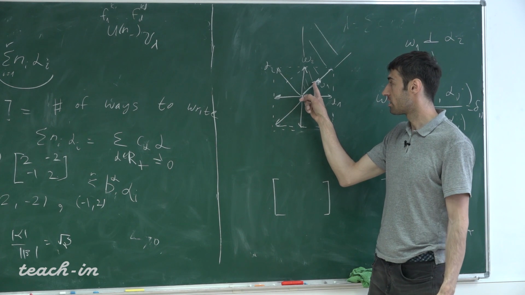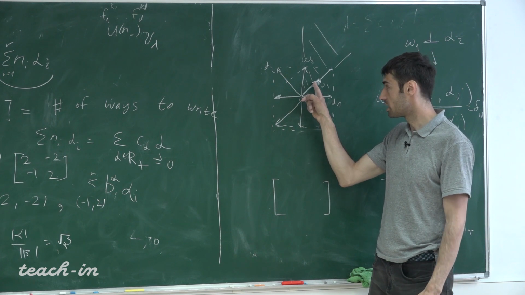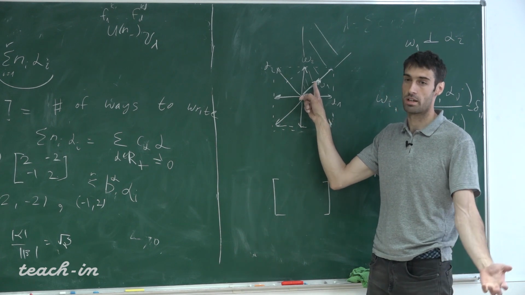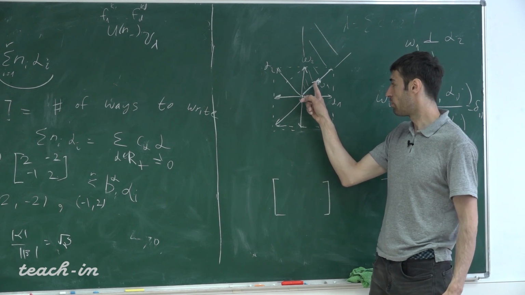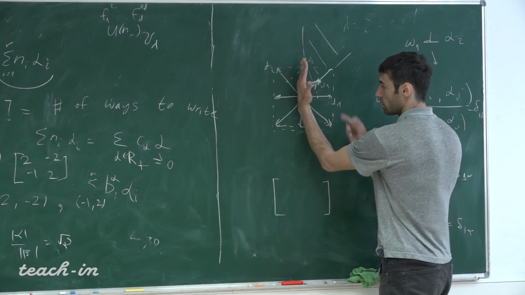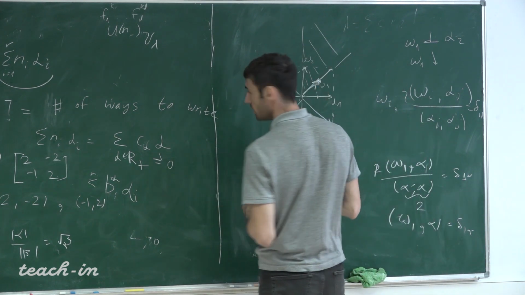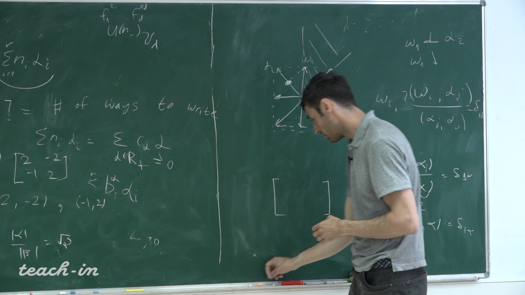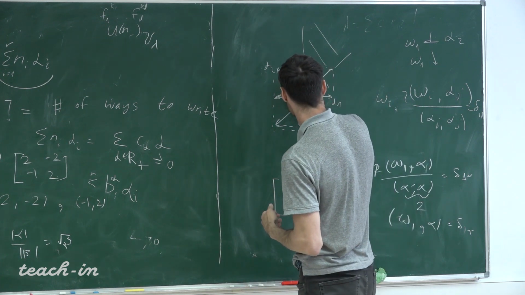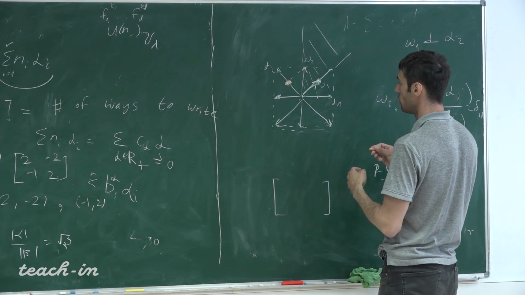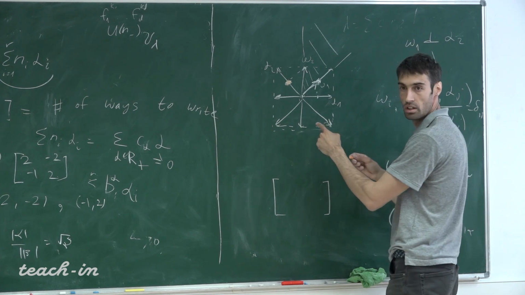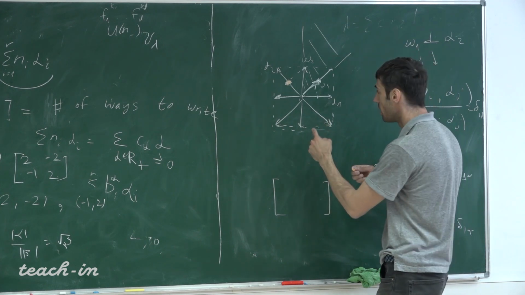So then let me find its reflection with respect to S1. I need to find the plane which is orthogonal to alpha 1 and reflect it. So I will go here. Then let me reflect it with respect to S2.